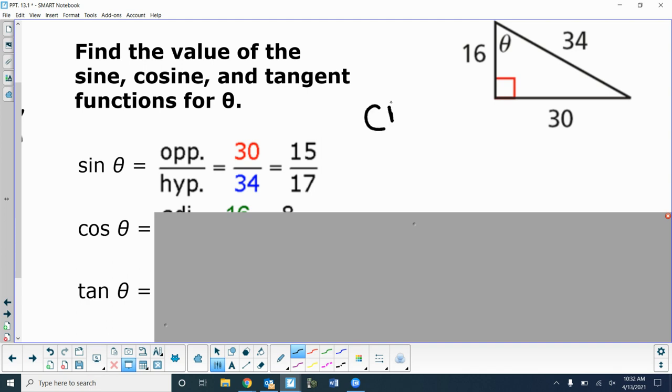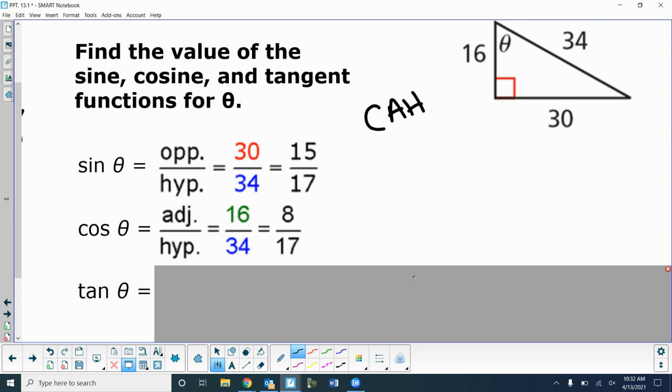Cosine is... so what's adjacent and what's hypotenuse? The long one, that's the hypotenuse, right? Now we use the 8/17.